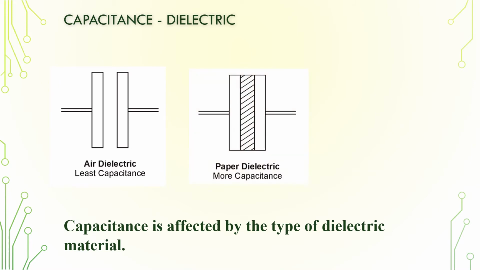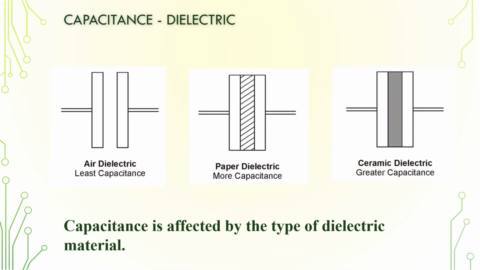A dielectric that has a higher insulating rating allows us to do a couple of things. It allows us to put more voltage on the capacitor, which is more charge, which means we have more capacity. And it also allows us to put the plates closer together, because the closer the plates are, the greater the force of attraction between the charges. The better the insulating rating, the closer we can put the plates together.